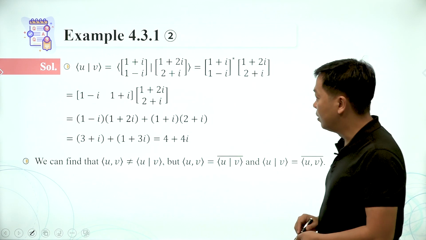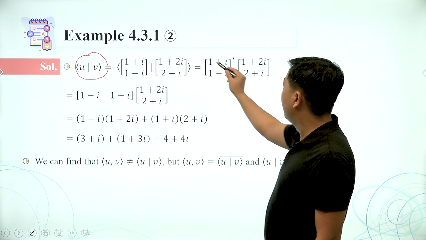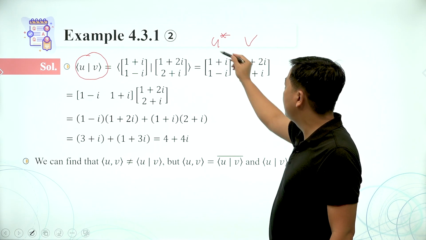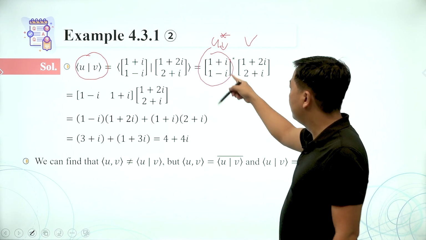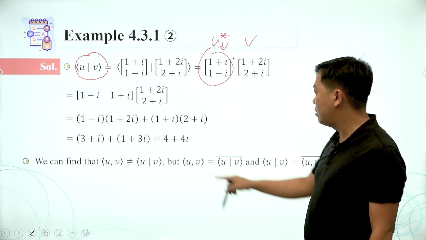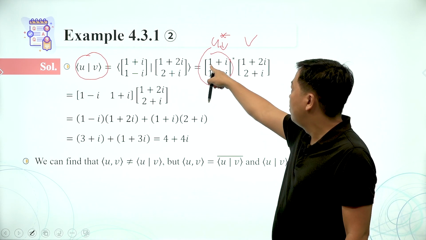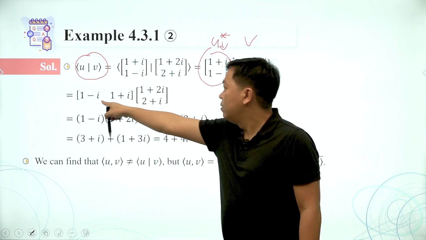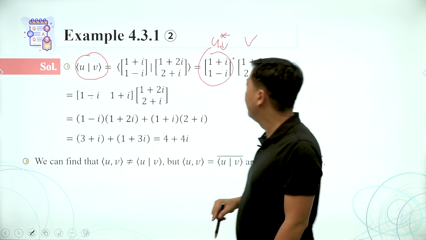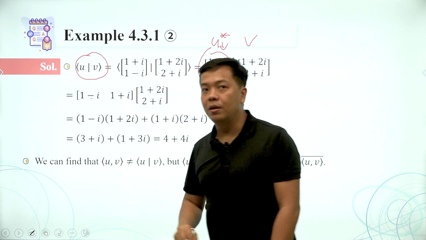And about the quantum one, we have U star and V. U star is the conjugate. For example, the conjugate of 1 plus i is 1 minus i.